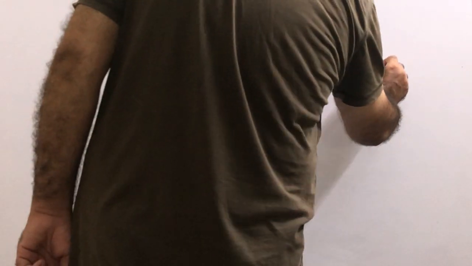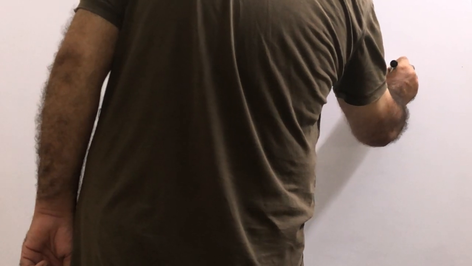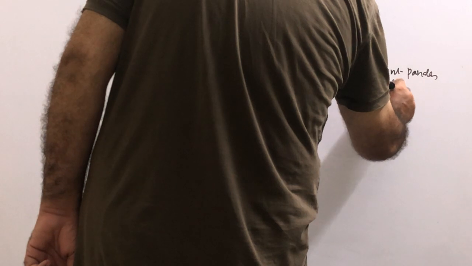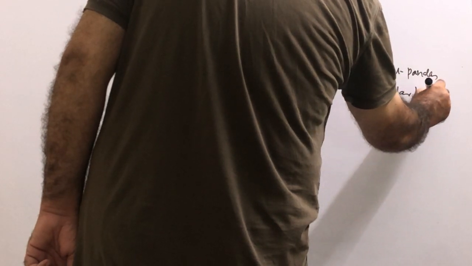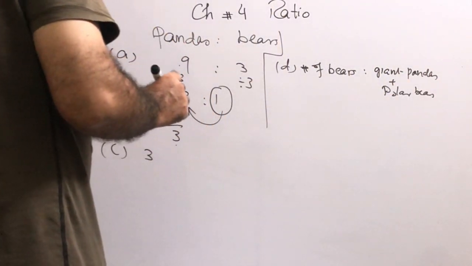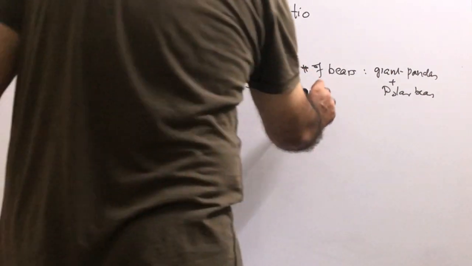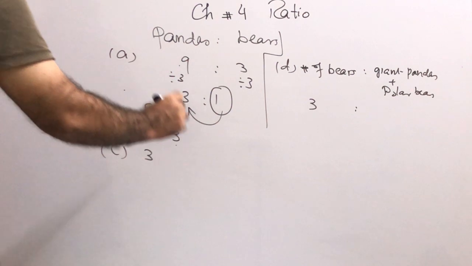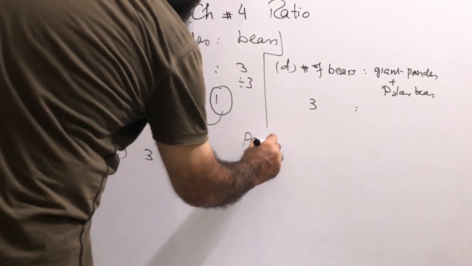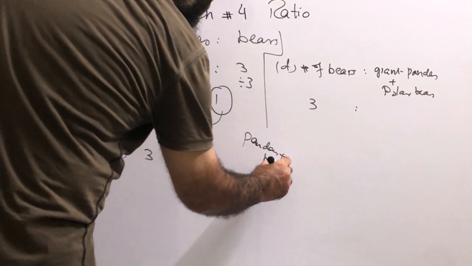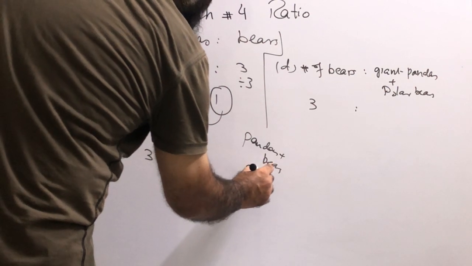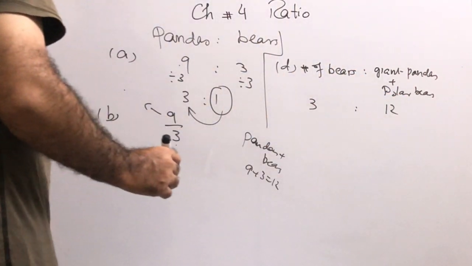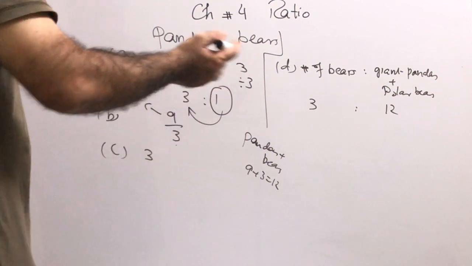Here it is giant pandas plus polar bears. Okay, so we know that polar bears are how many? 3. And pandas plus bears, it is 9 plus 3 is equal to 12. So here we will write 12. Okay, no need to simplify, this is the answer.